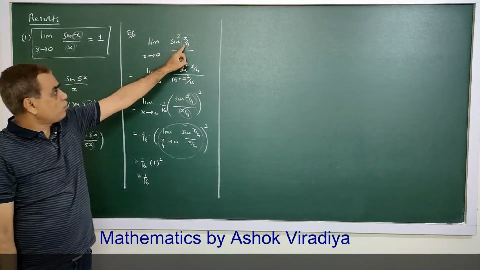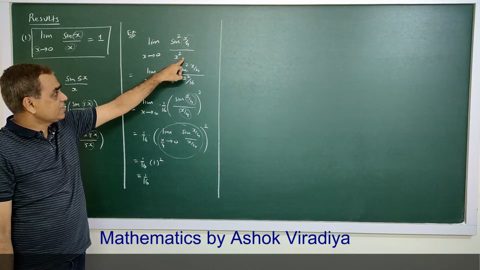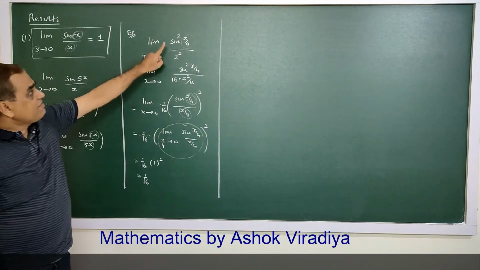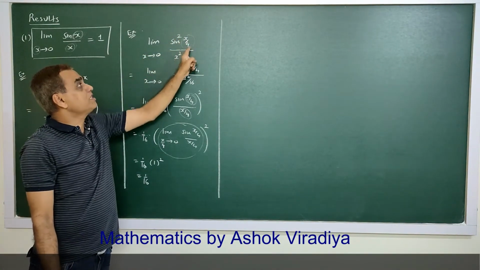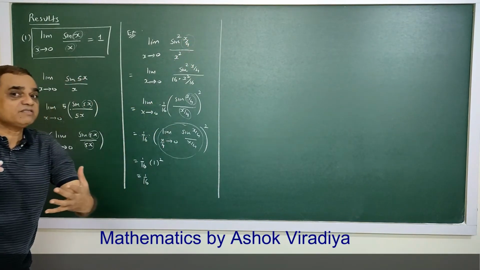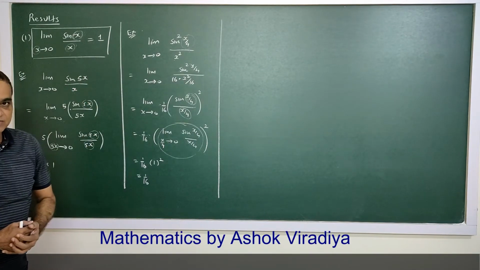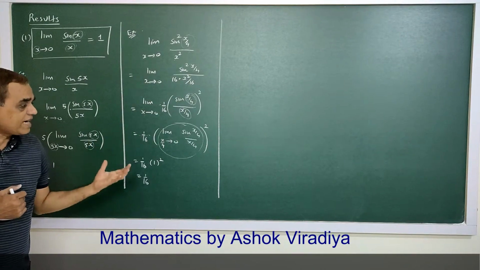This is x by 4, so its square is x square by 16. That's why we divide by 16 and multiply by 16. If a cube is given, we must have the cube of this number, so x cube by 64 is required. According to that, we have to set the number.